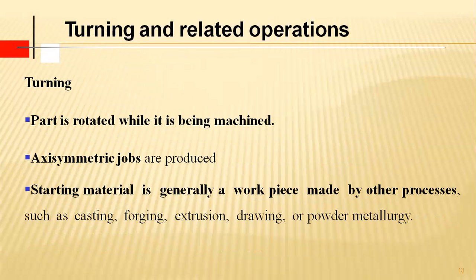In turning, the part is rotated while it is being machined. The axisymmetric jobs produced here have cylindrical shapes. The starting material is generally a workpiece made by other processes, such as casting, forging, extrusion, drawing.